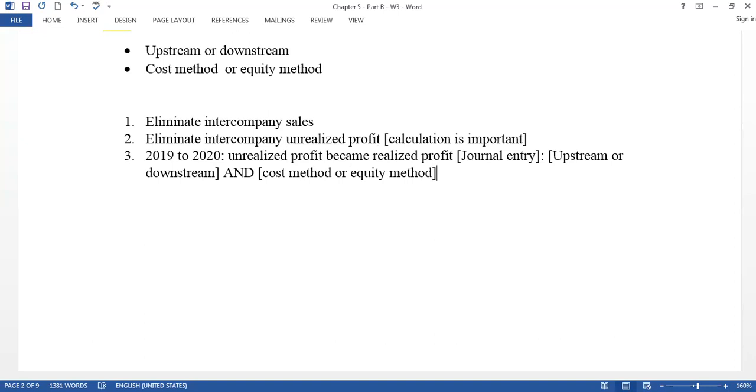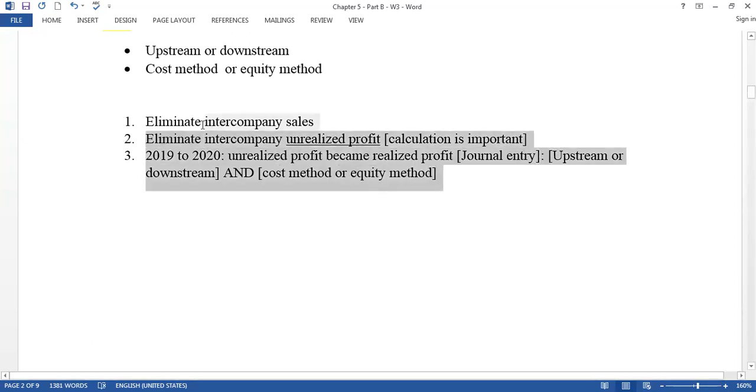So these are the three main journal entries. You can expect three types of journal entries from your question paper.